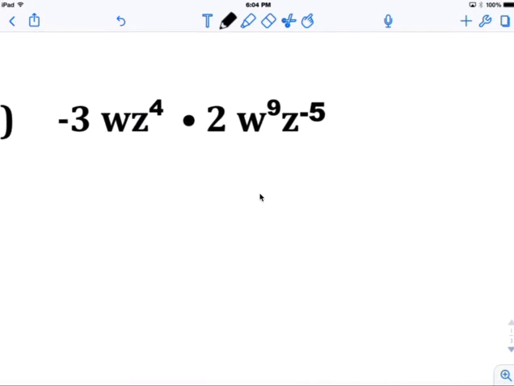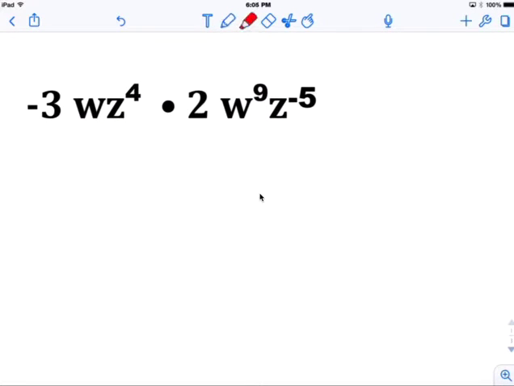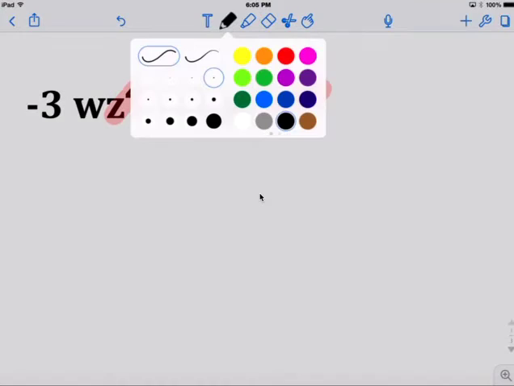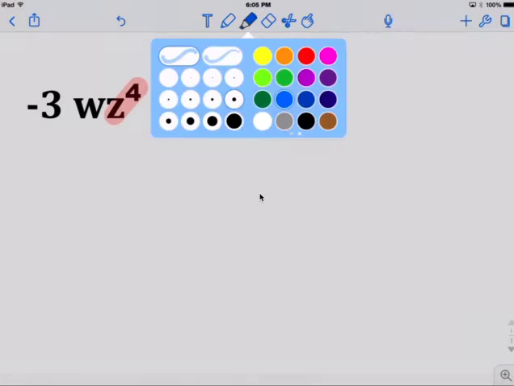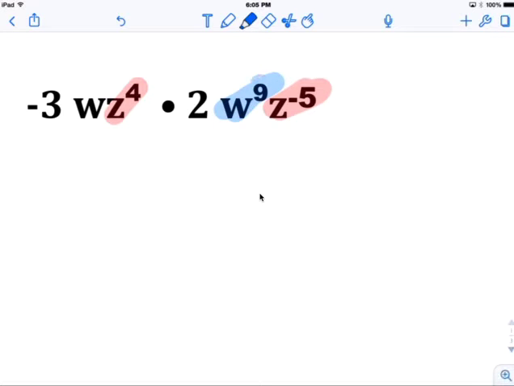Okay, there's no parentheses here. Let's do all the exponents first. Here's z. So normally we do alphabetical order. W comes first. So let's do the w to the 9th.